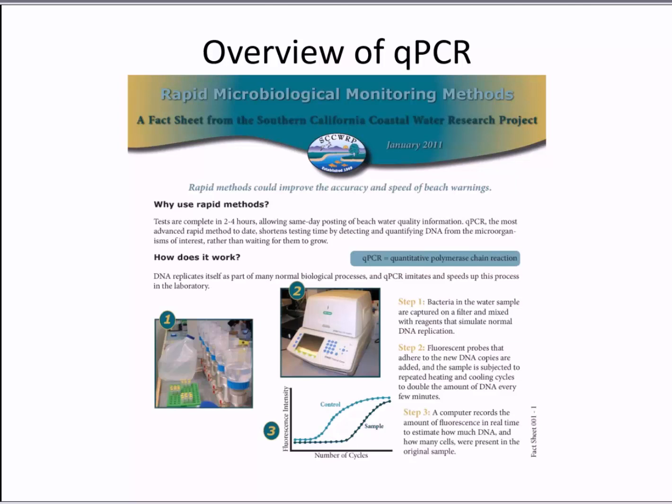Step two, fluorescent probes that adhere to the new DNA copies are added, and the sample is subjected to repeated heating and cooling cycles to double the amount of DNA every few minutes. And then the third step, a computer records the amount of fluorescence in real time to estimate how much DNA and how many cells were present in the original sample.